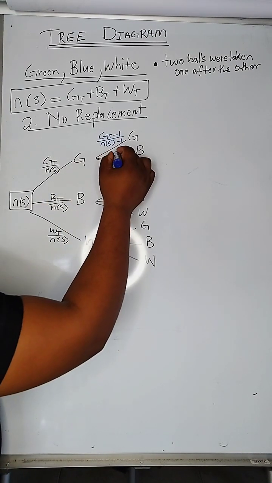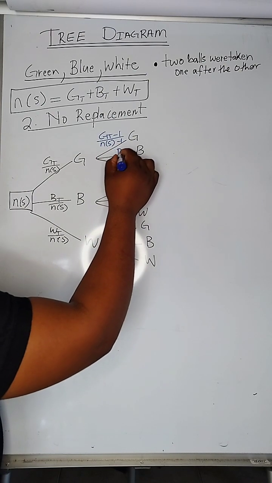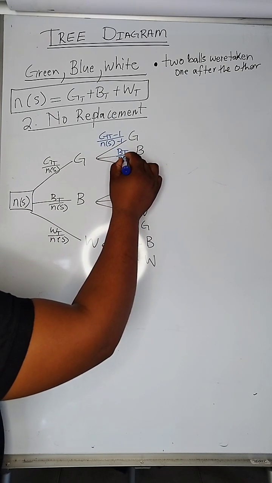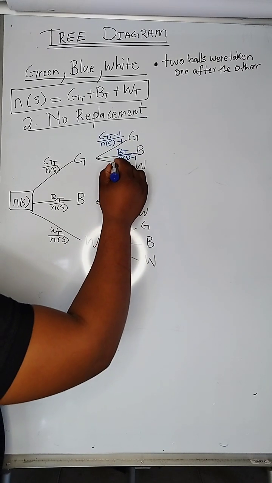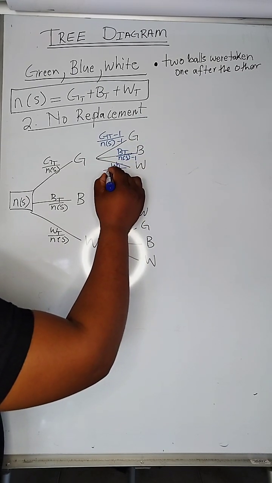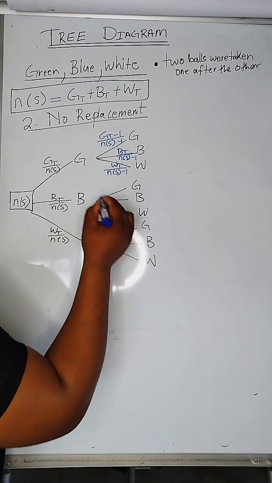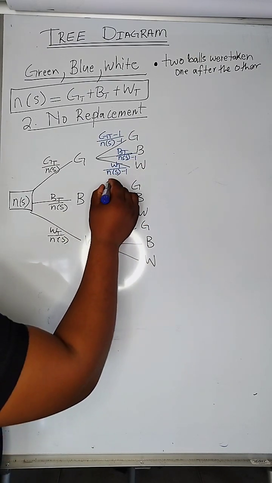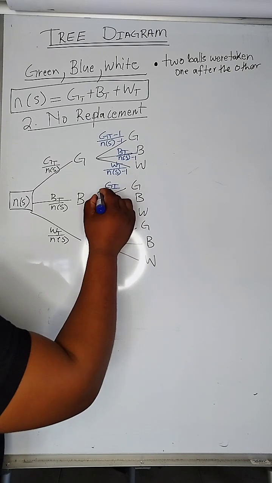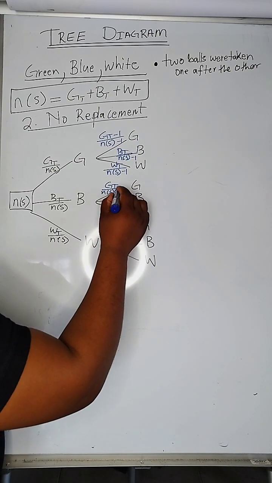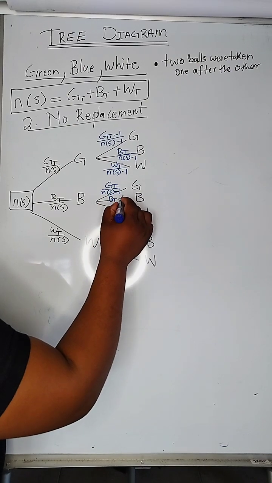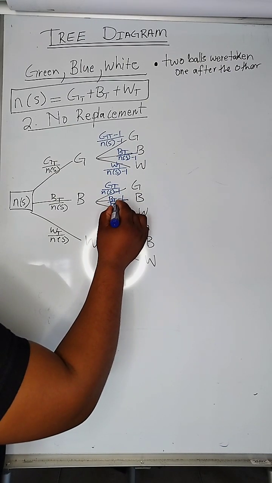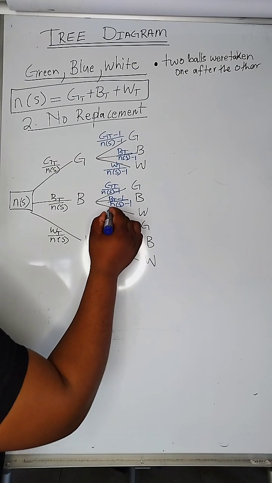Okay? Now this will be B total over N of S -1. This will be what? W total over N of S -1. Here it will be what? G total over N of S -1. This will be B total -1 all over N of S -1.